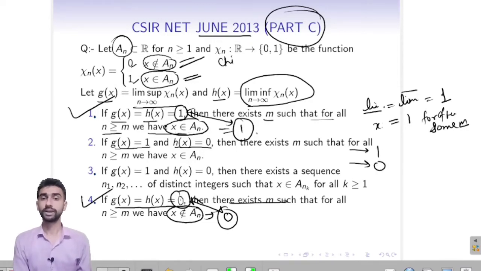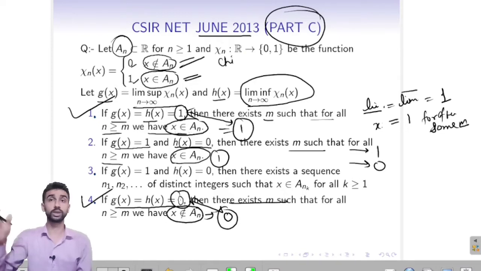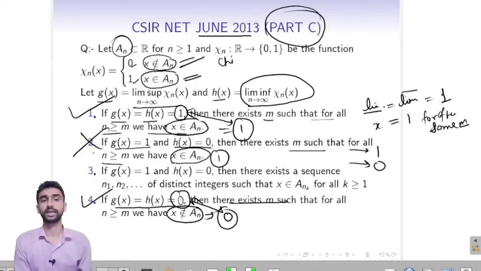But it is saying that after m, all the terms will be equal to 1, which is not necessary, because the supremum is 1 but the infimum is not the same. So this option is incorrect.